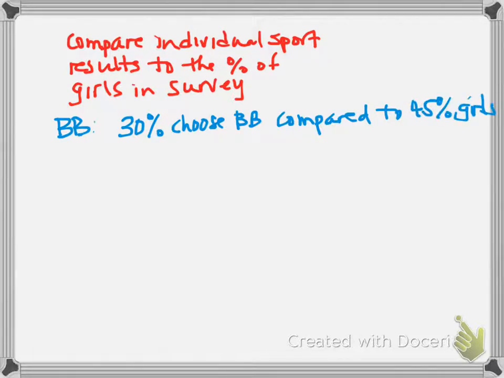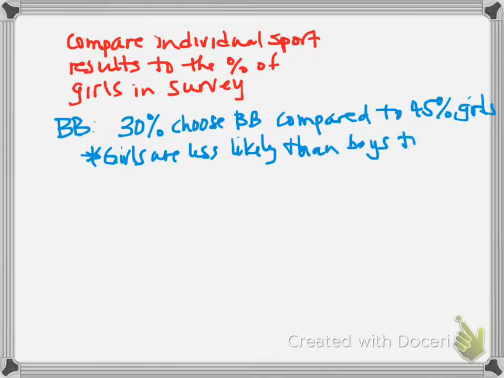So we had 45% of the people surveyed being girls, but only 30% of them chose basketball. So you would conclude girls are less likely than boys to prefer basketball.